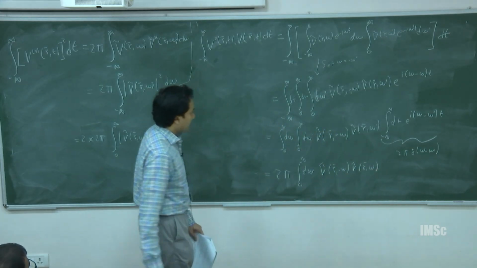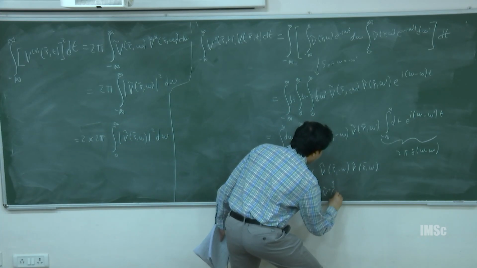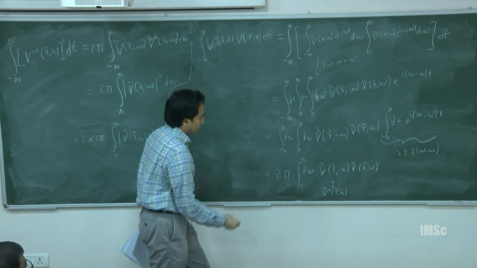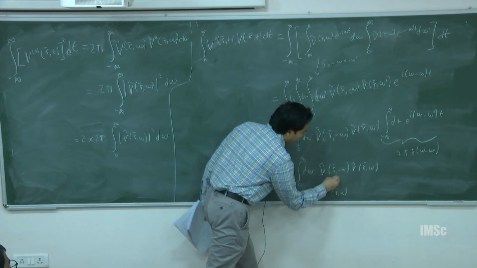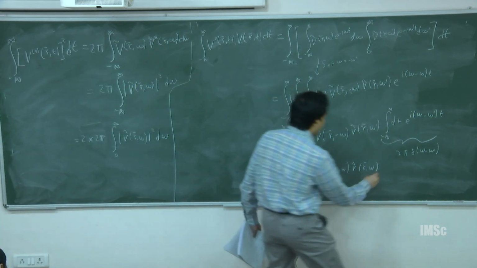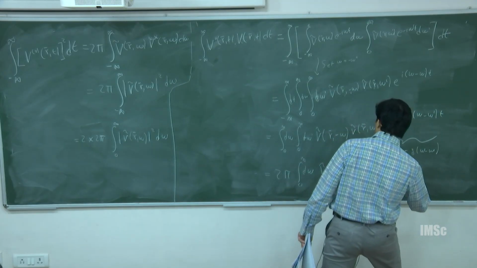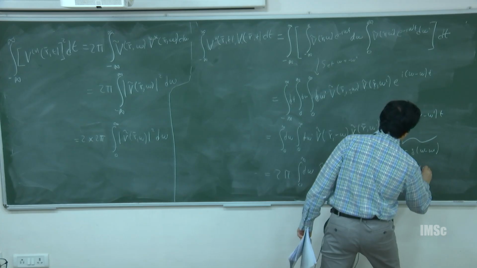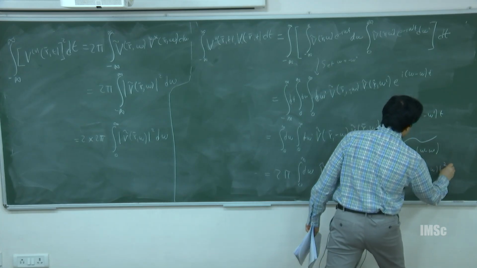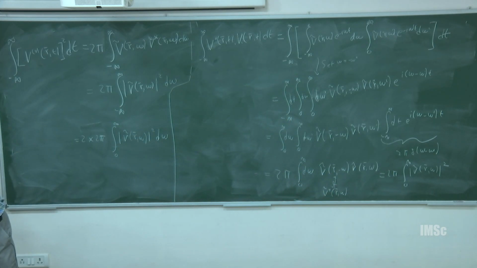Once again, V tilde of r minus omega is the same as V conjugate of r omega. Okay, so that's what it is.